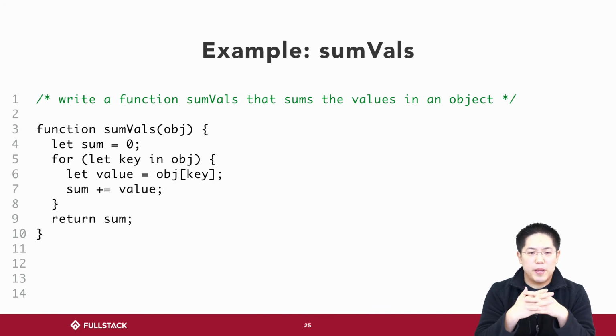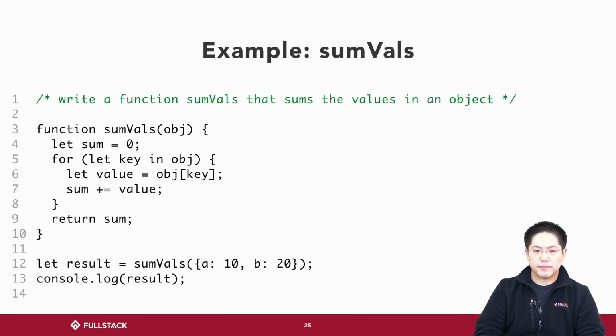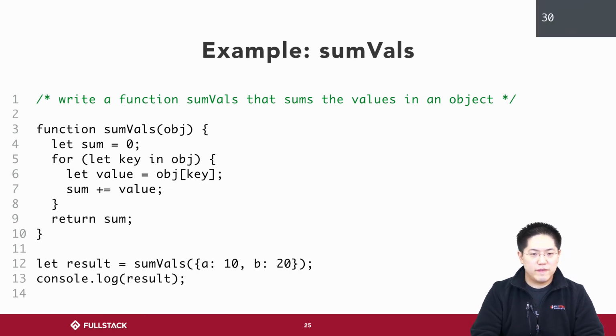So here we've written the base case, where we only handle objects that have numbers as values, not objects as values. If we call sumVals on an object with two key value pairs, key A with value 10 and key B with value 20, and we console log it, we'll get the value 30.